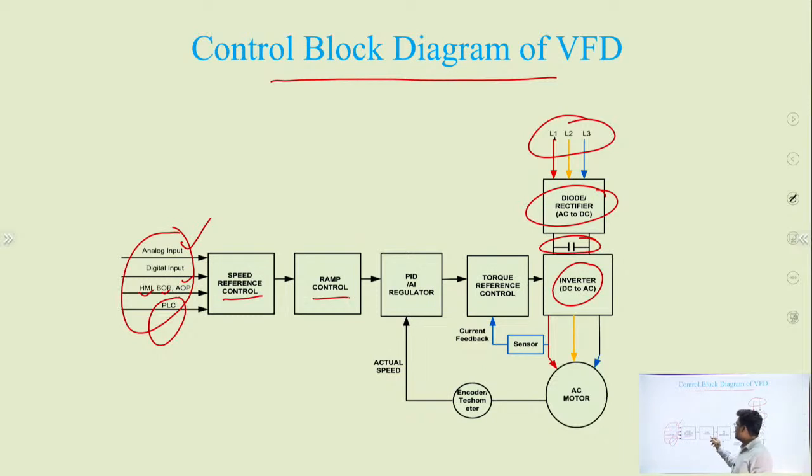Now it comes to ramp control. For any motor, whether we use basic control or advanced control, a ramp control is used just to start the motor. In a basic ramp, the start looks like this and the stop will be this. This is the on time, where the ramp will be used, and this is the off time ramp.